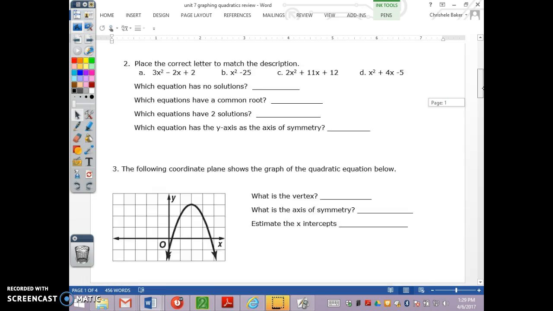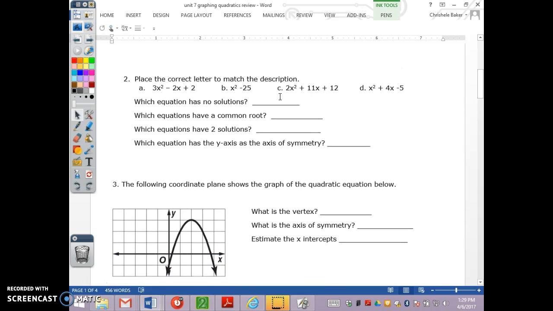All right. Match the letter to the description. So I need to graph all these so I can kind of see what's going on. 3x squared minus 2x plus 2, x squared minus 25, 2x squared plus 11x plus 12, and x squared plus 4x minus 5.